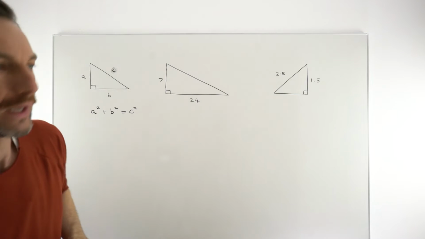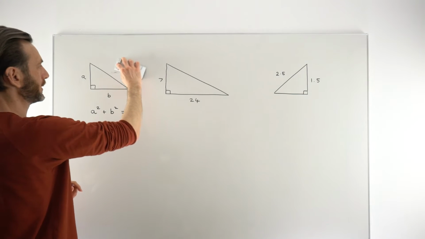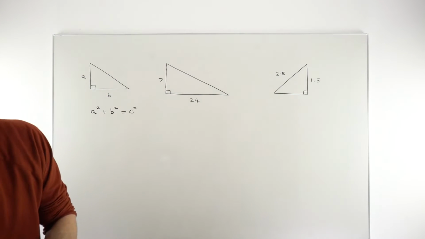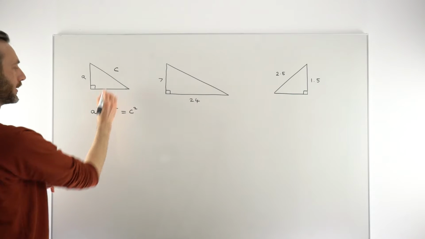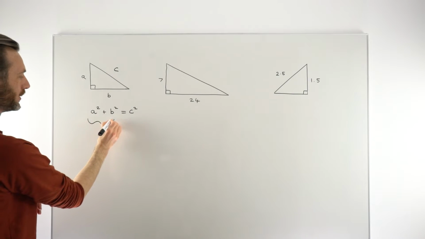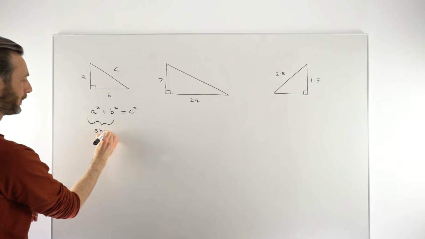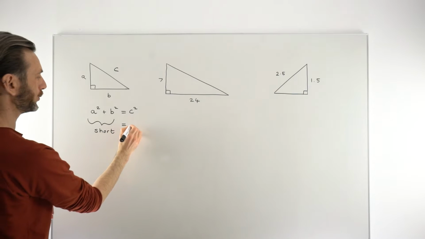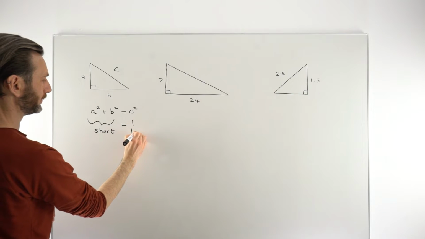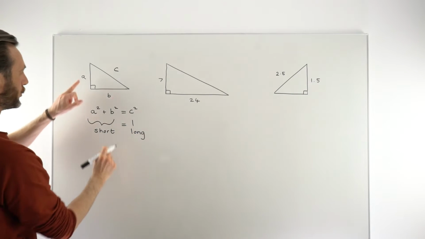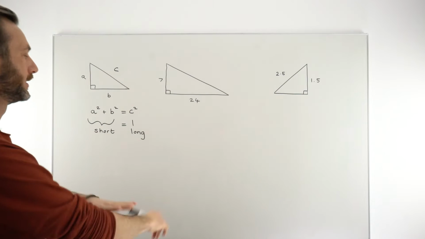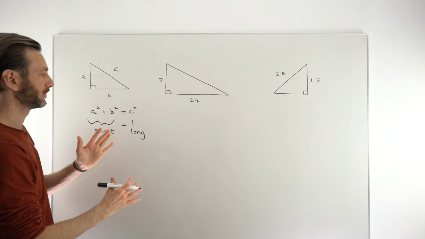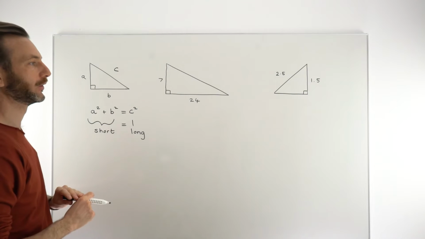A better way to think about it is that the two short sides squared equals the long side squared. If a question uses A, B and C, that's great. If not, then don't get too hung up on the letters.